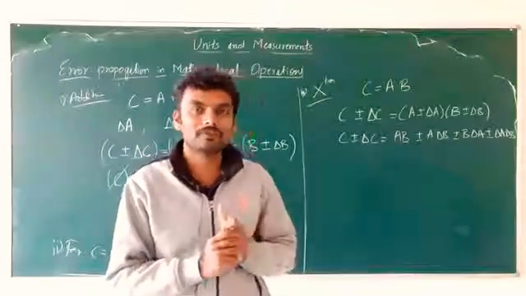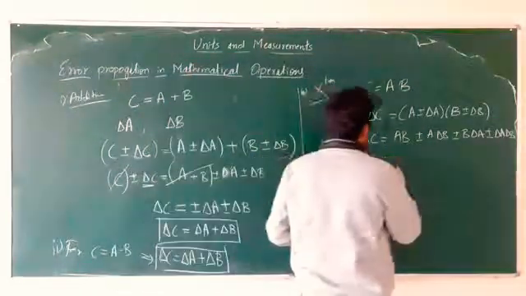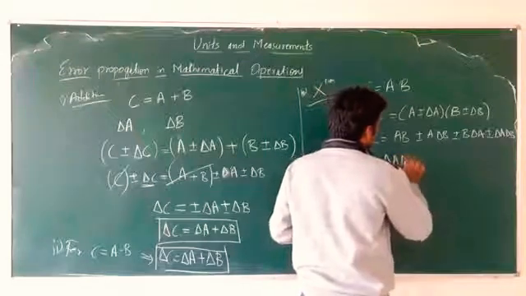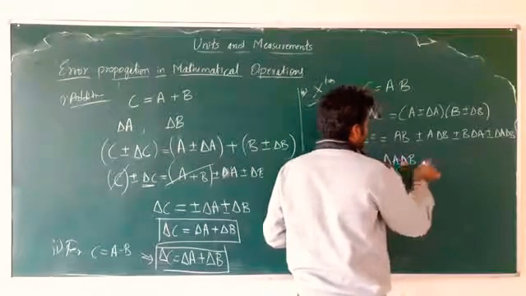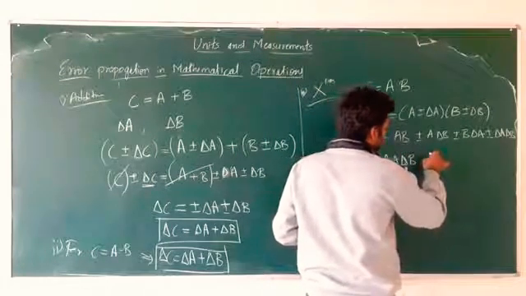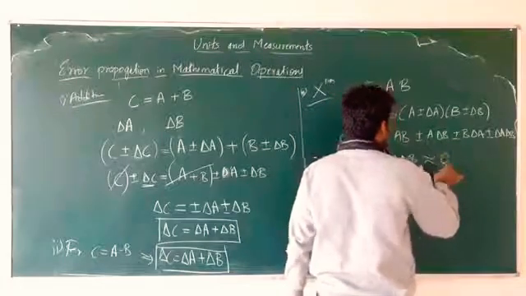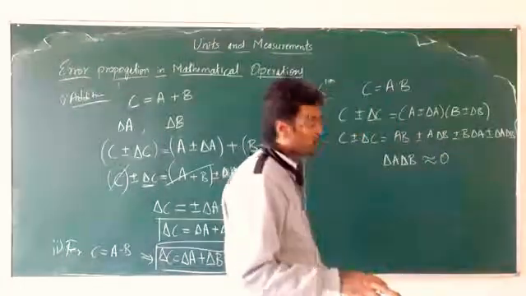So the product delta A delta B is going to be nearly equal to 0. It's going to be very small.